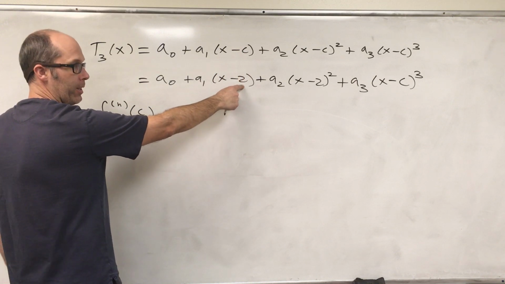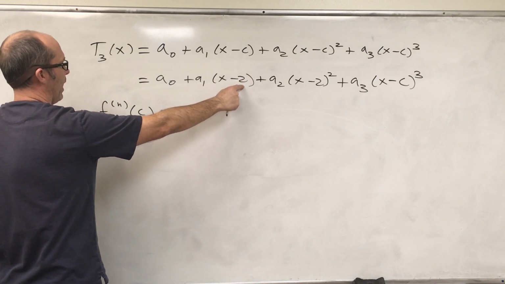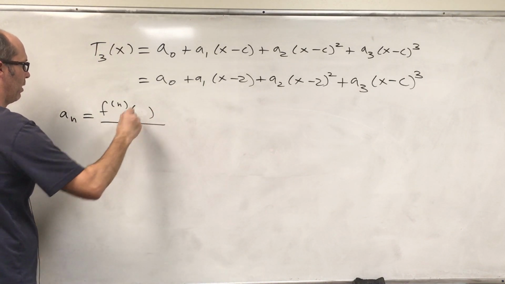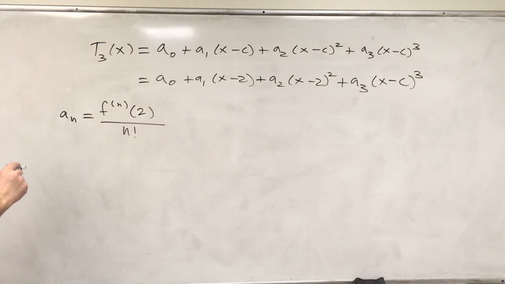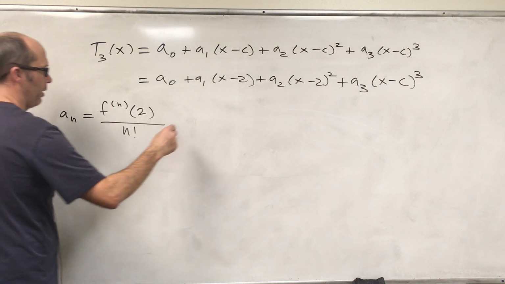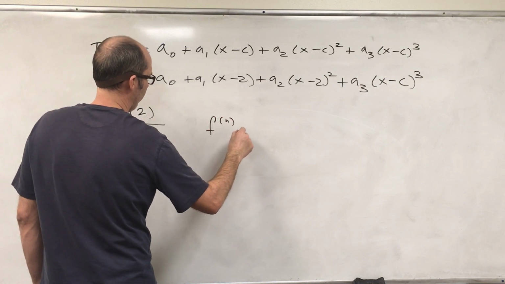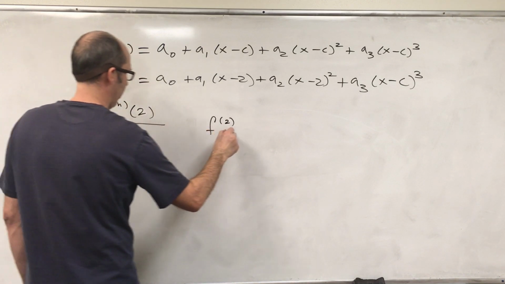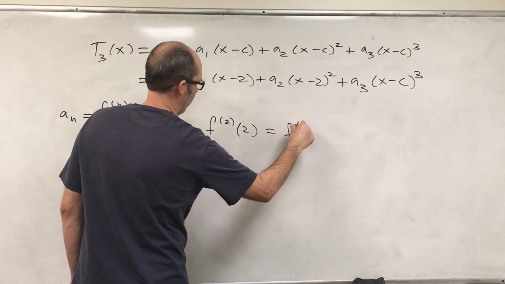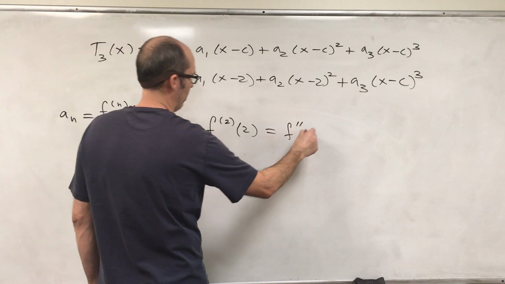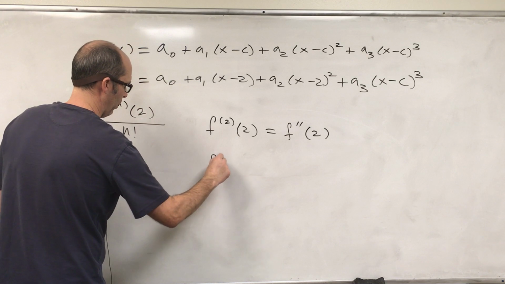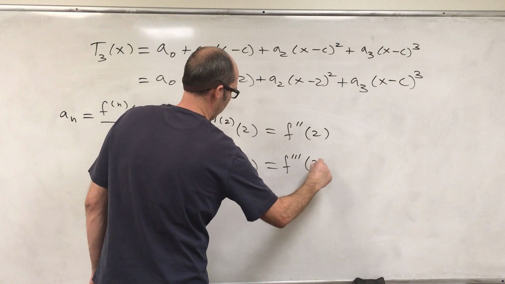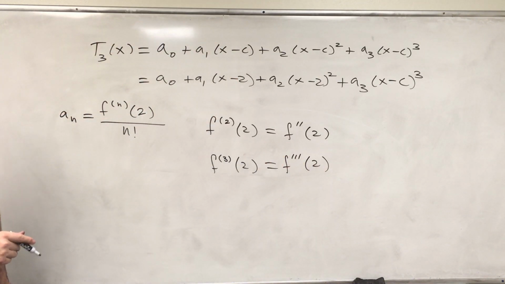We were told to find the cubic Taylor polynomial at center 2, so we can replace that c with a 2. This notation f with a little 2 there is f double prime, so it means 2 primes. So f with a 3 at 2 is the third derivative at 2.